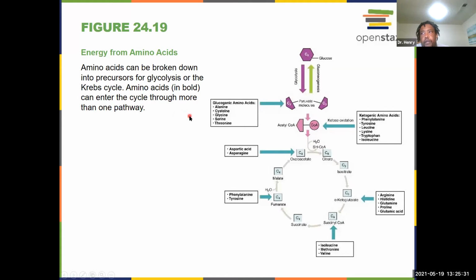The glucogenic amino acids are able to enter at this point to start at the production of pyruvate, and then they go through and make acetyl CoA, which is when it enters the mitochondrial matrix.